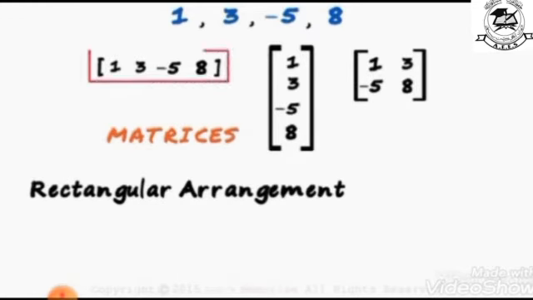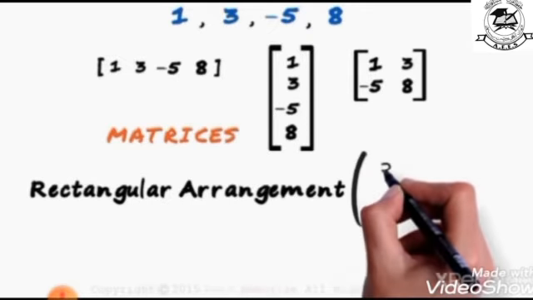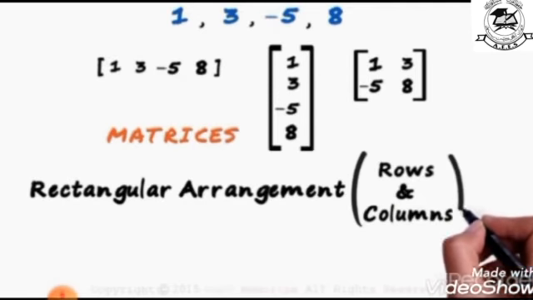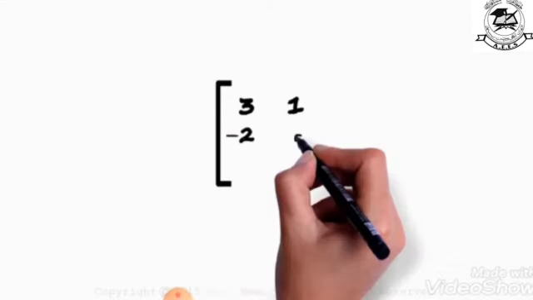The first matrix has 1 row and 4 columns, but the second matrix has 4 rows, 1 column, and the third one has 2 rows and 2 columns. Rectangular arrangement of rows and columns is known as matrix.